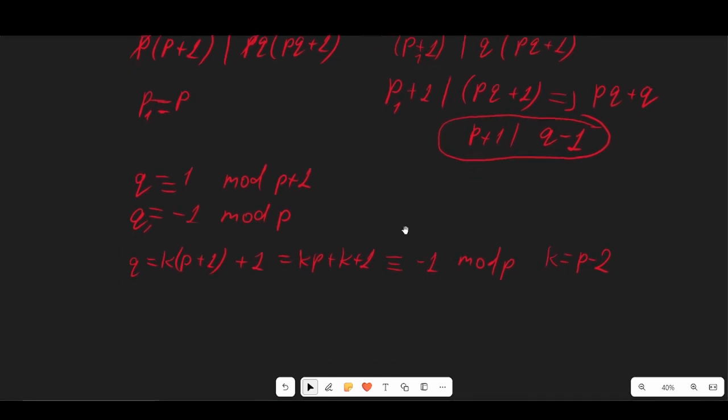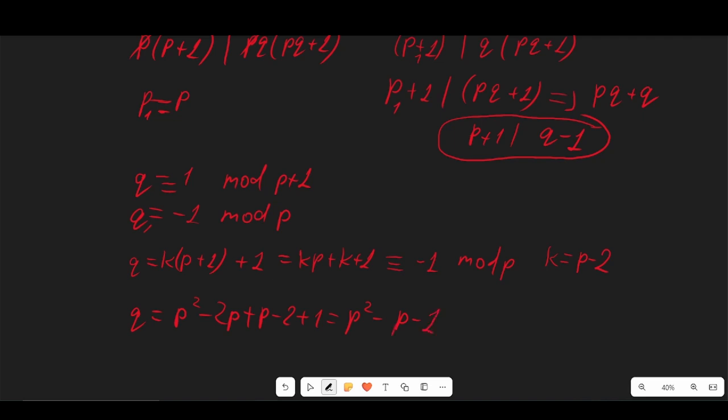because we cannot take any number which is greater than p. And if we take k as p minus 2, we get that q equals p squared minus 2p plus p minus 2 plus 1. And this is just p squared minus p minus 1.